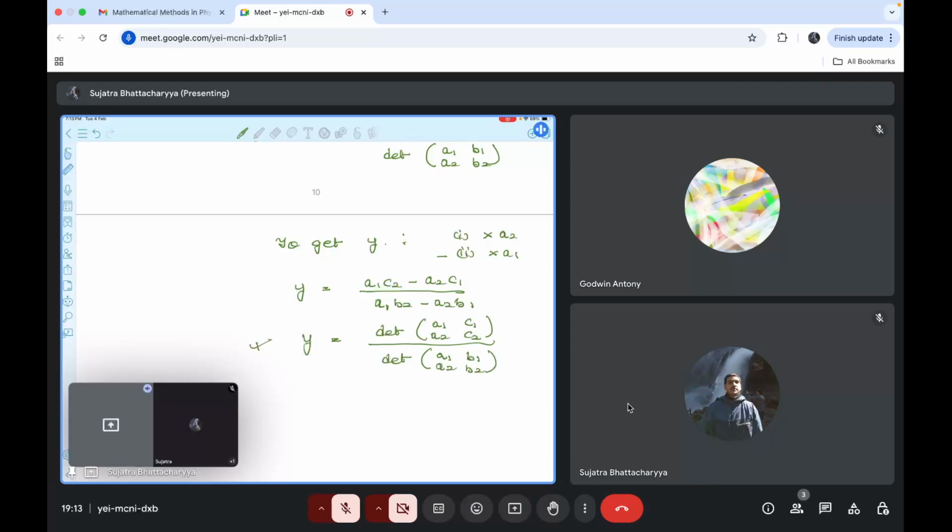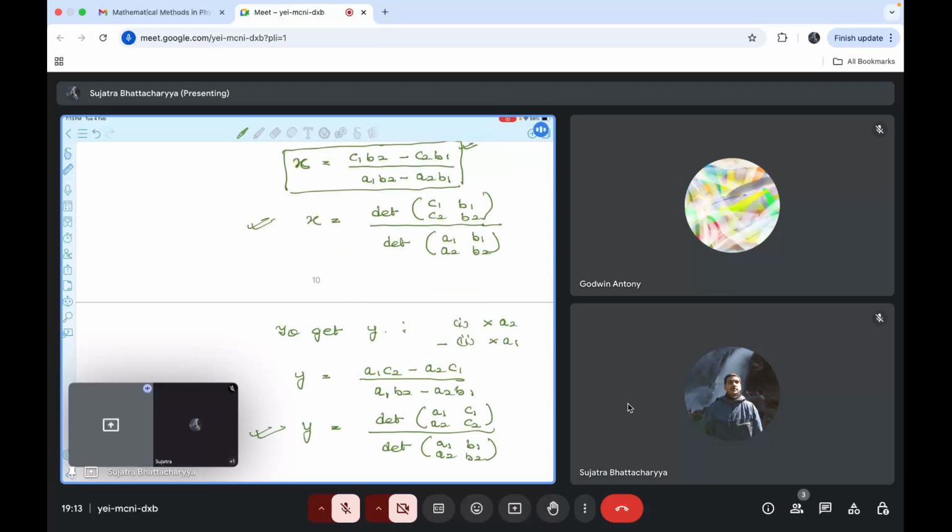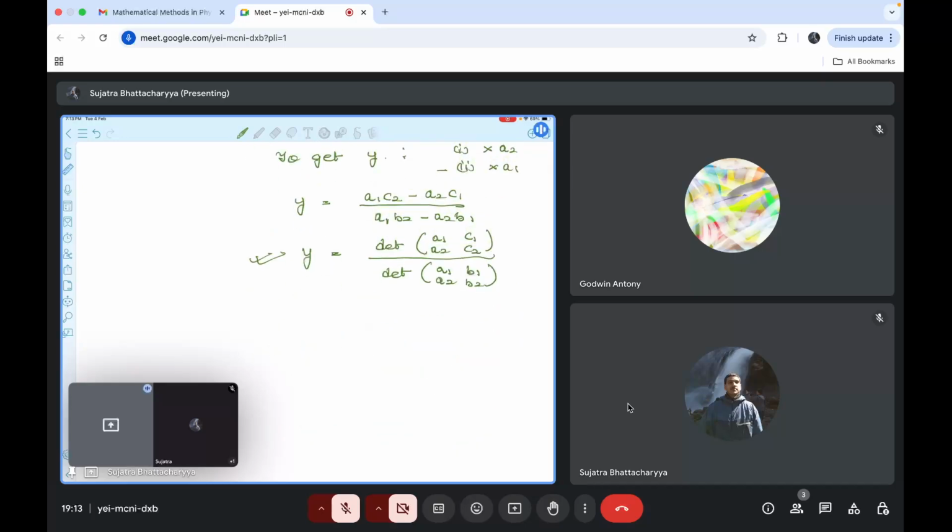So this is how y and x can be written in terms of determinants. And as the order increases, you can just change the determinant order. That's all. So Cramer's rule essentially uses determinants to understand the solution of a set of equations. That's the major rule here.